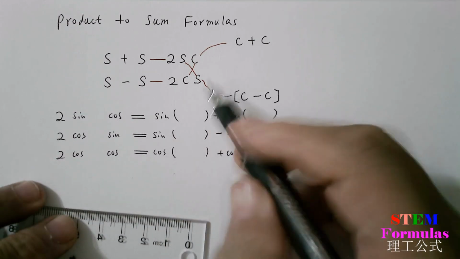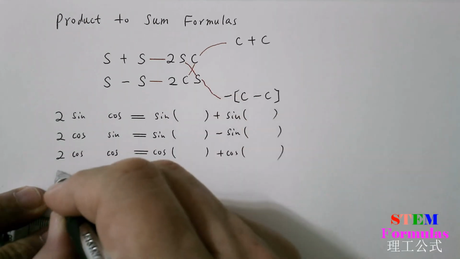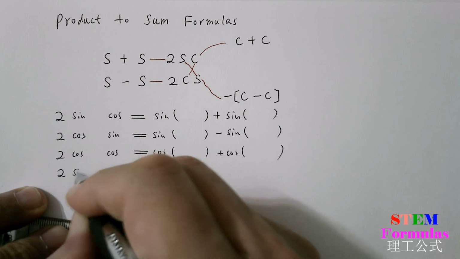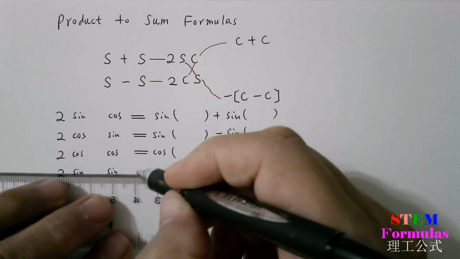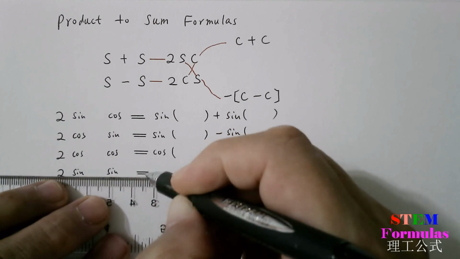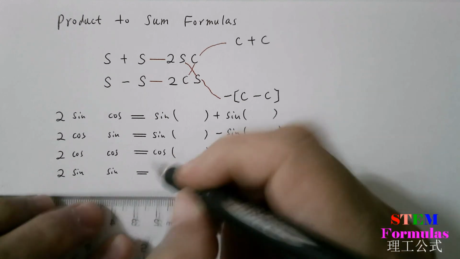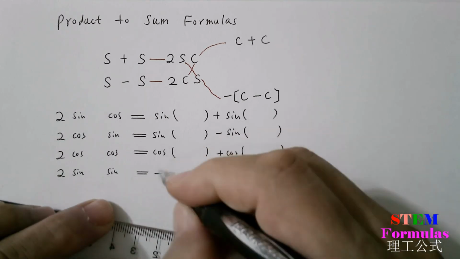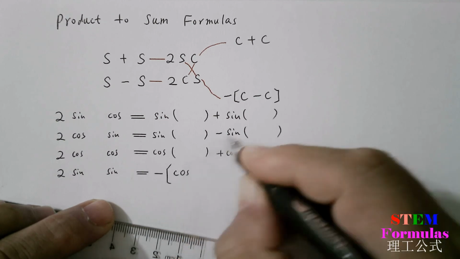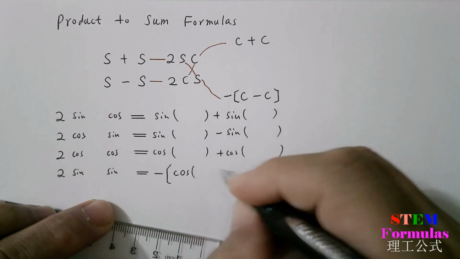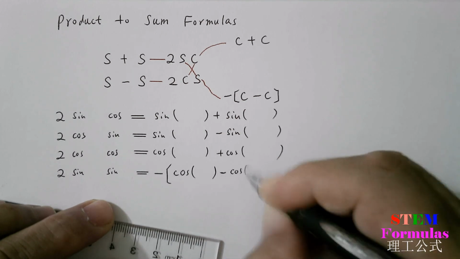And here is 2 sine sine equal minus, cosine minus cosine.